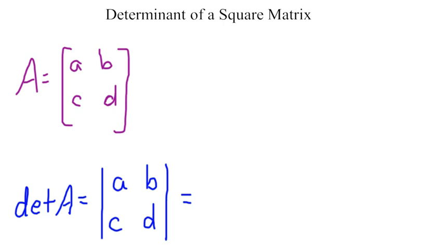All we have to do is multiply A times D, our entries along the main diagonal, and subtract the entries going across our other diagonal, BC. So that's how you find the determinant of a matrix. Multiply A times D along the main diagonal, and subtract B times C.